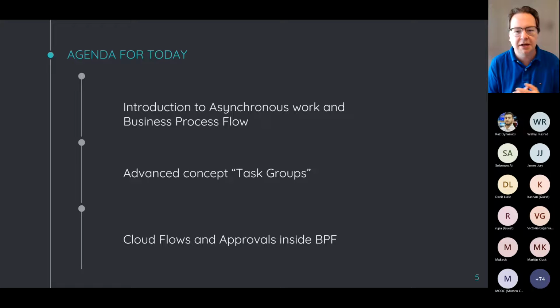And the second is cloud flows and approvals inside of your business process flow, which can also help you automate your work when working on certain processes. And afterwards, I will wrap it up and talk about some more points that you can think about, what you can research in your own time if you're inspired to do this.